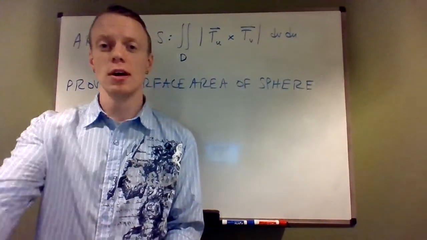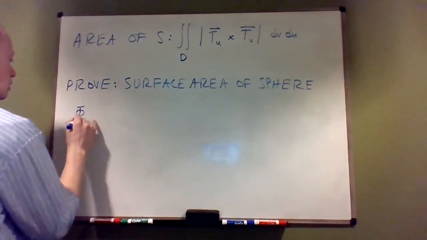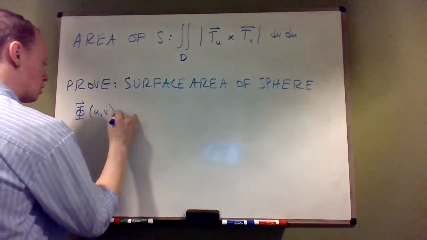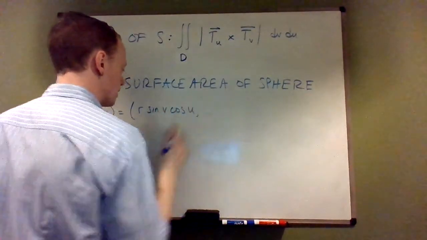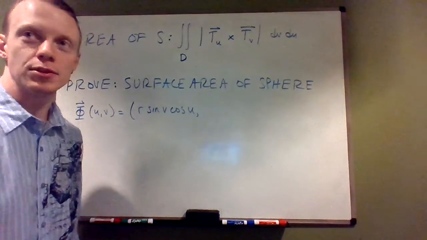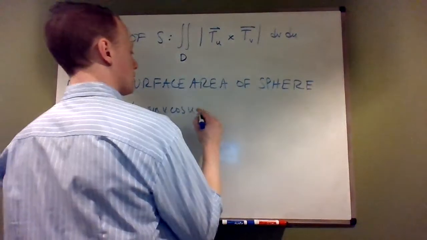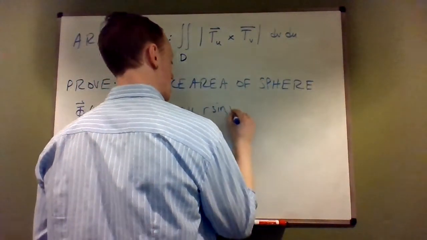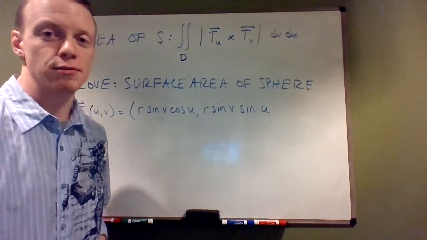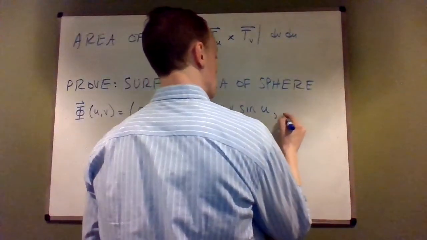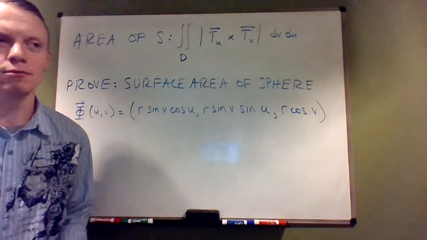The parameterization for a sphere with a fixed radius r is capital Phi hat of u comma v equals r times the sine of v times the cosine of u, comma r times the sine of v times the sine of u, comma r times the cosine of v.